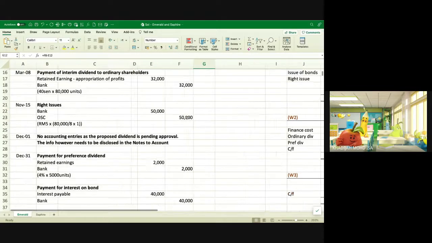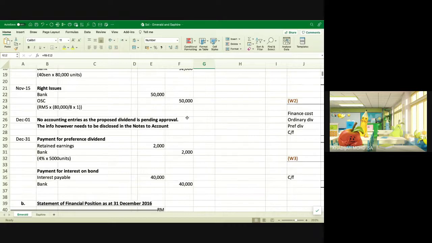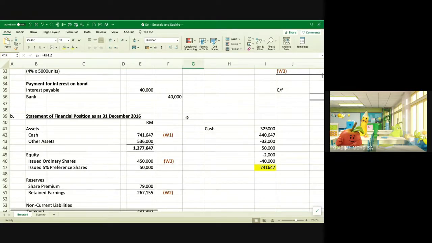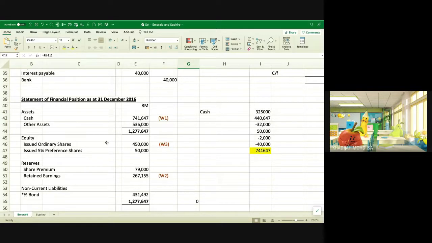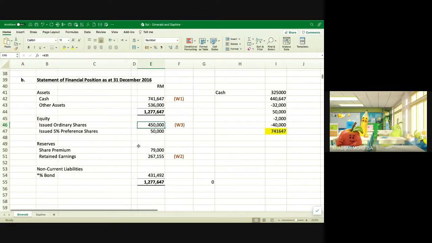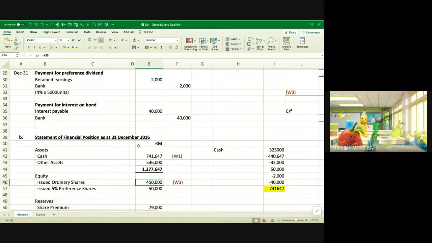Because later when you do your statement of financial position here, you look at your bond. What is the bond? Assets, equity, reserve. Where is the bond?